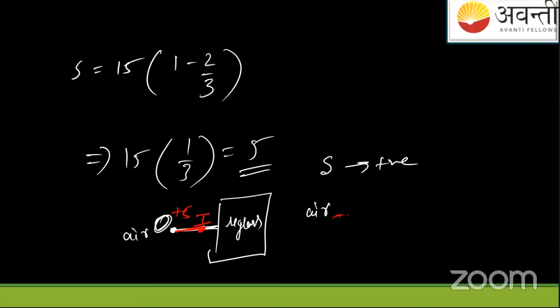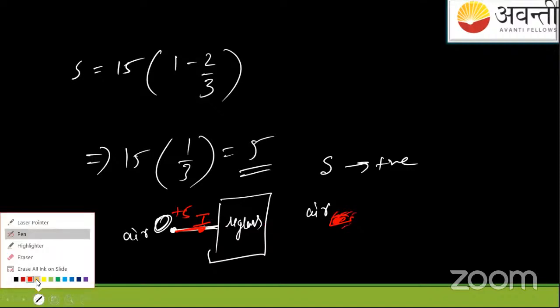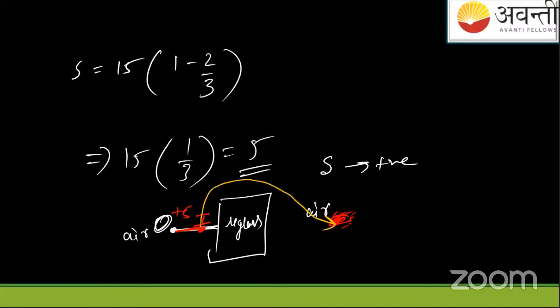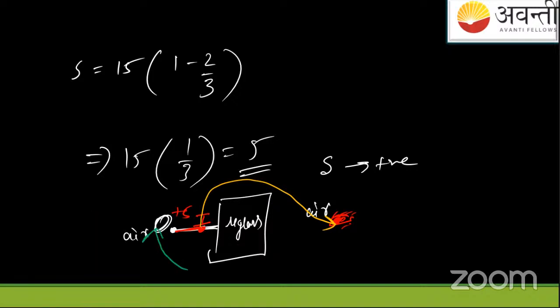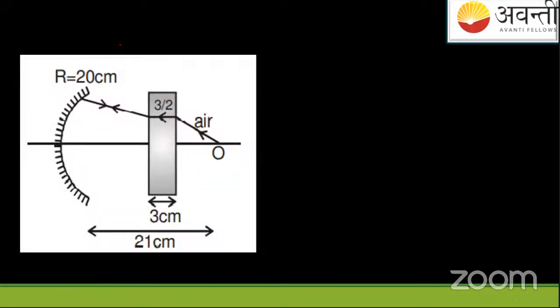You will see with your eyes that the image is at this location, but actually the image is not at this location, it is at this location. The shift being positive means in the direction of the incident rays. If it's negative, the image will form on the other side, giving a shift in the negative direction. Okay, that's fine.